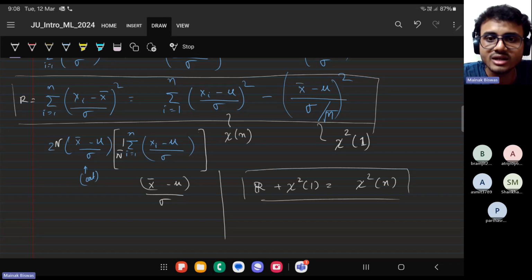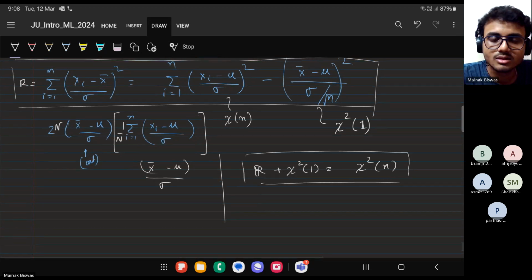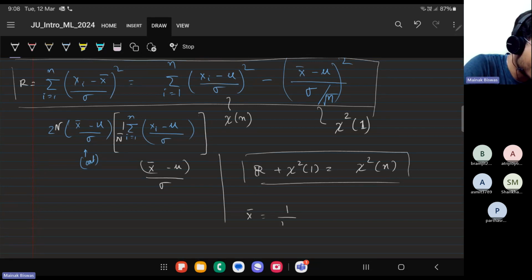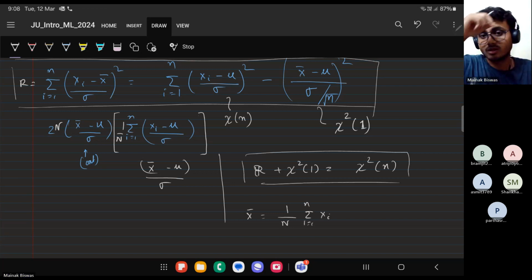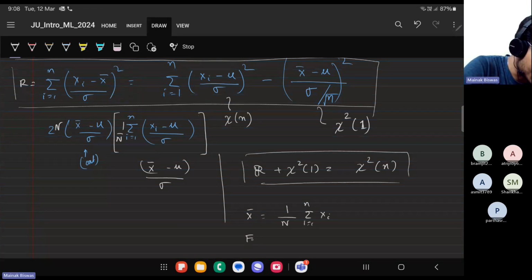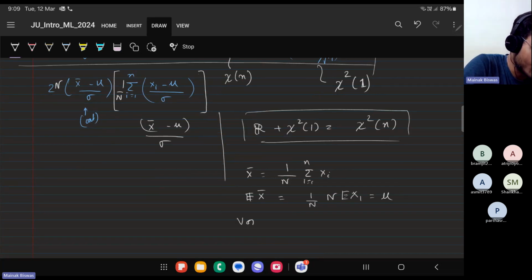It's very important. We have done this in the weak law of large numbers, if you recall. So what is x bar? 1 by n, summation of i equal to 1 to n of xi, right? What is the expected value of x bar? It is mu. What is the variance of x bar?